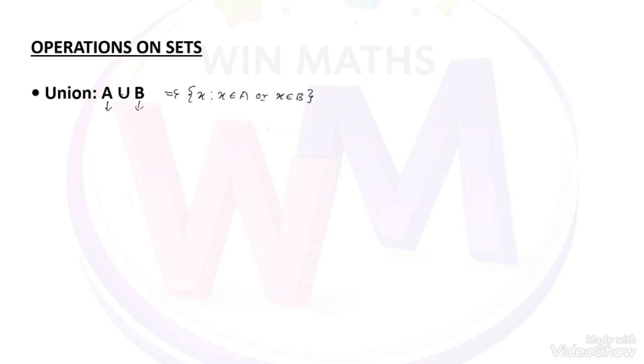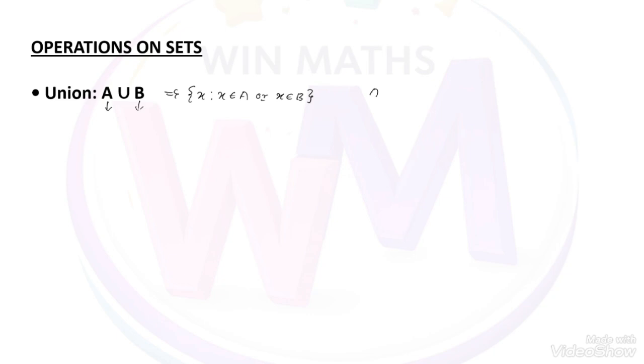All the elements should be written within the closed bracket, but if both sets have common elements, we have to write them only once. Then we can call it a union. That's why X belongs to A or X belongs to B.